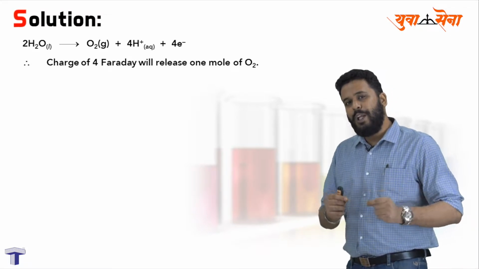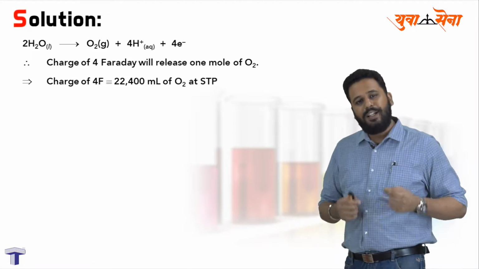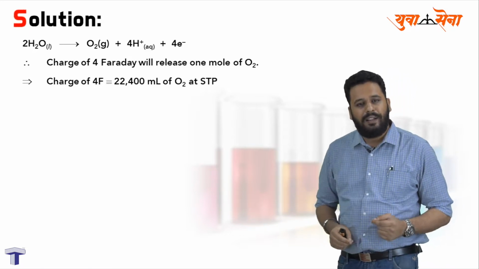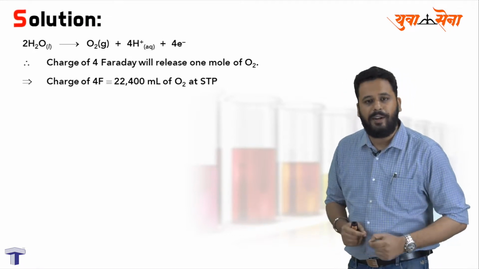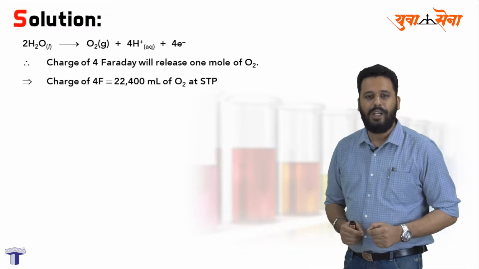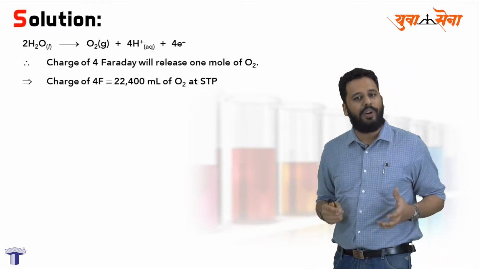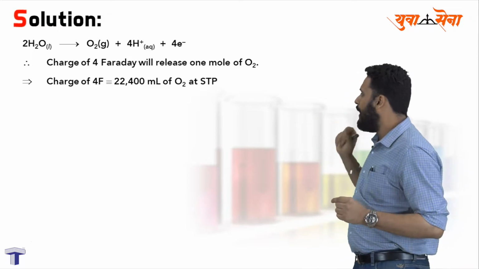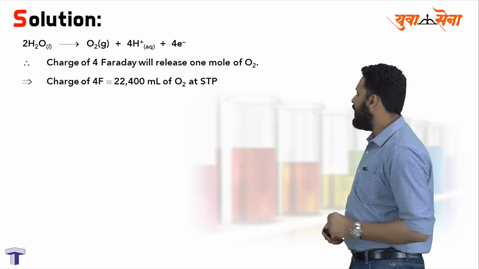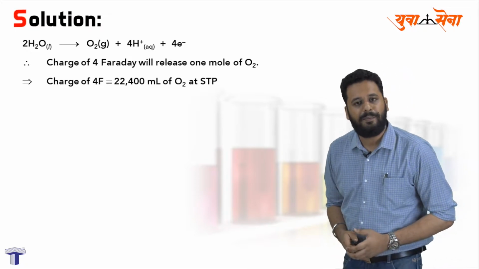This 22.4 liters can also be written in milliliters, so I can say that charge of 4 Faraday will liberate 22,400 milliliters of oxygen at STP. Okay, we have just converted that 1 mole into liters, that is 22.4 liters, and that liters into ml. So I hope the connectivity is clear. 4 Faradays will release 22,400 ml of oxygen at STP.